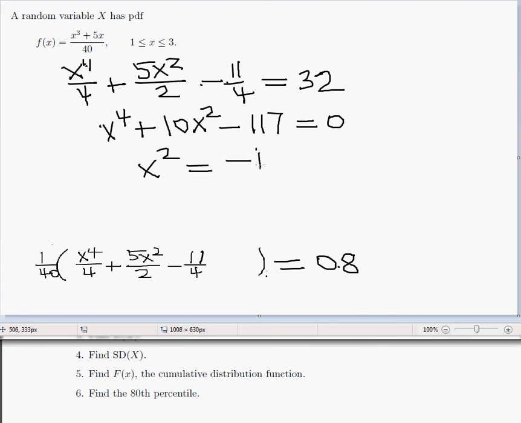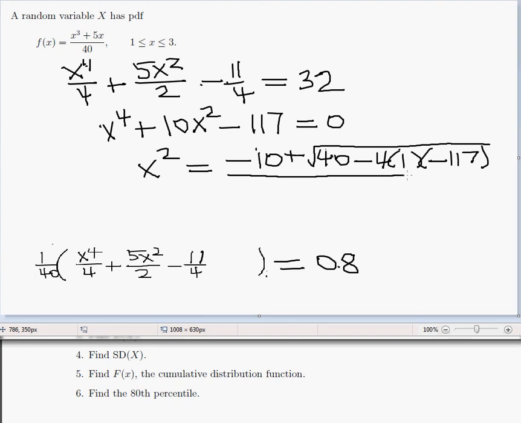Negative 10 plus or minus, now it's clearly got to be plus because I have to take the square root in order to solve for x, of b squared minus 4ac, divided by 2a.